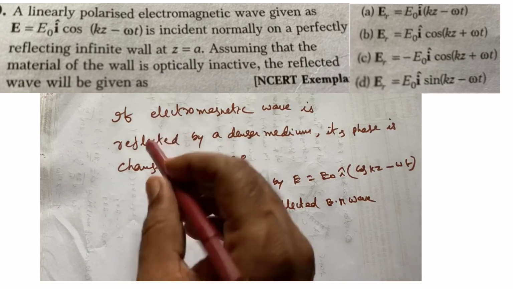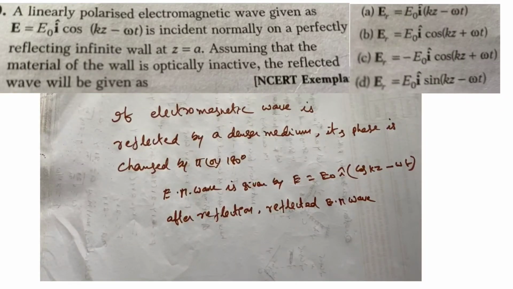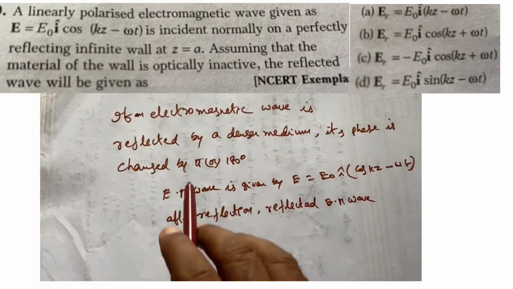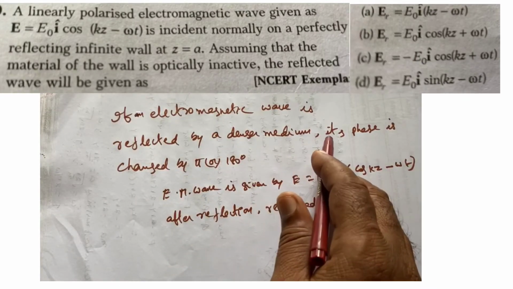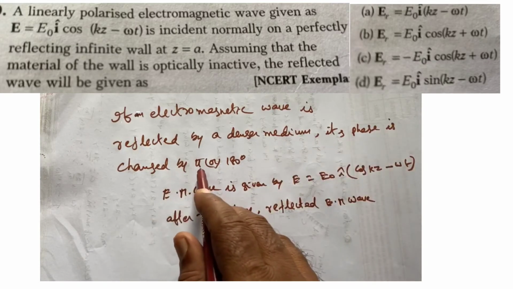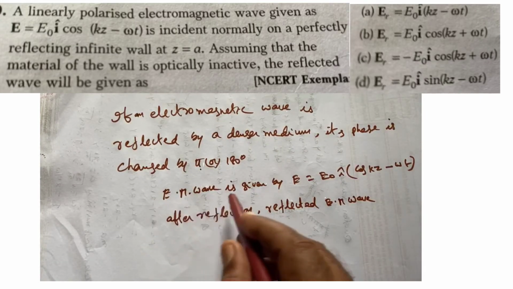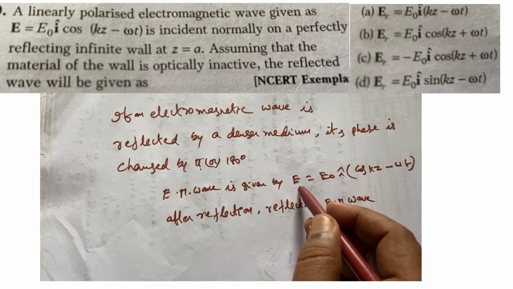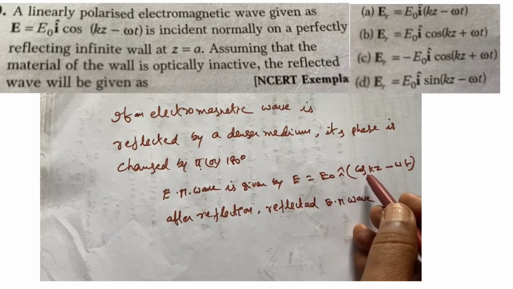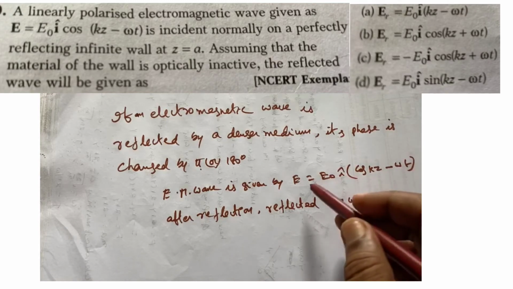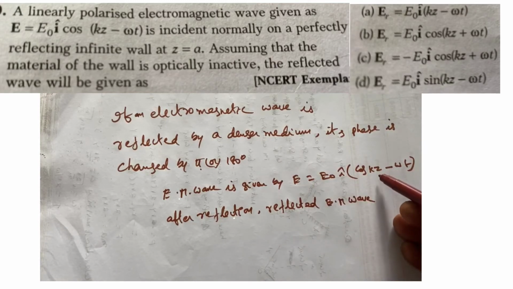If an electromagnetic wave is reflected by a denser medium, its phase is changed by pi or 180 degrees. The initial EM wave is given by E equals E naught i cap into cos of kz minus omega t. This equation, this EM wave propagates along the positive z axis.